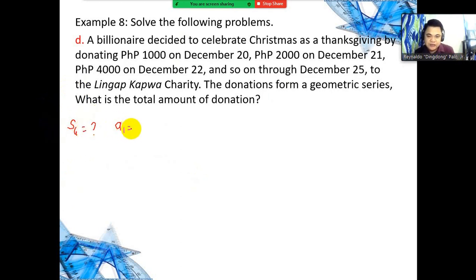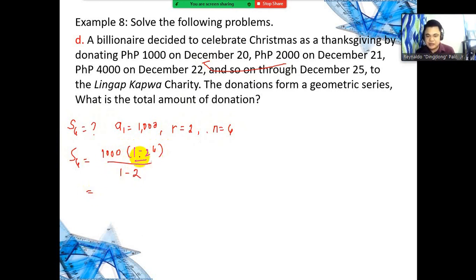So we will be solving for that. Identify a sub 1. It's 1,000, because that's the initial donation. For the common ratio, 2,000 divided by 1,000 is 2. And your n is 6. Now we can compute for the sum. S sub 6 equals a sub 1, which is 1,000, times the quantity 1 minus 2 raised to the power of 6, over 1 minus 2.